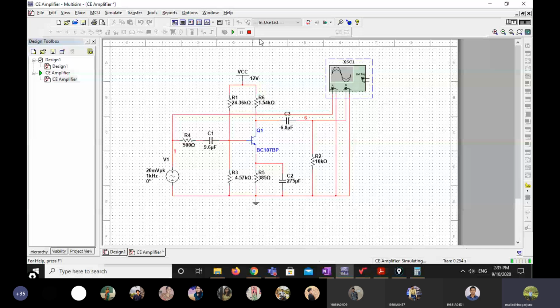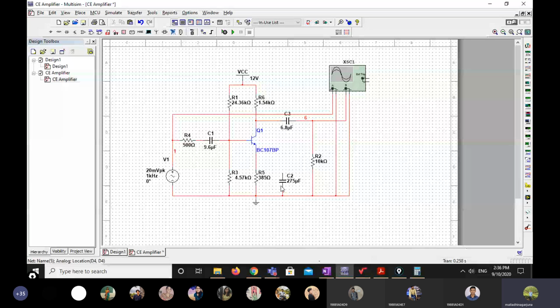Here I'm removing the bypass capacitor. What is the concept of the bypass capacitor? It avoids the voltage drop across the RE resistor. The bypass capacitor offers low reactance in parallel with the RE resistor, so the current will not choose the RE resistor path, and the capacitor is used to avoid the voltage drop across it.